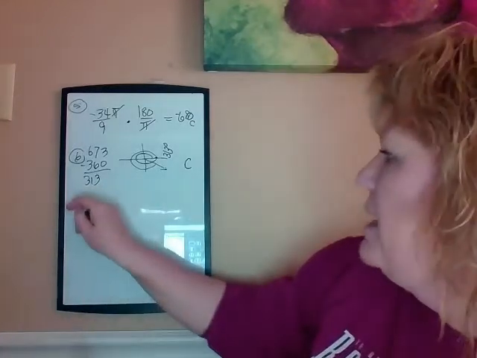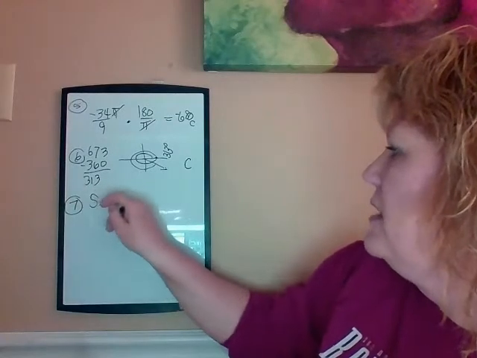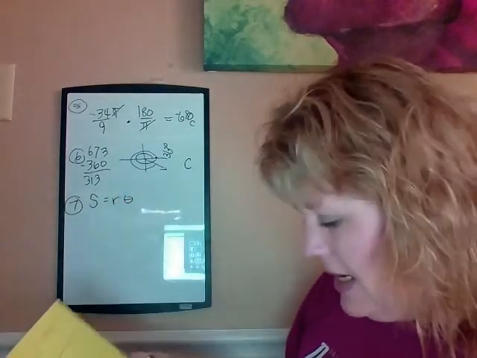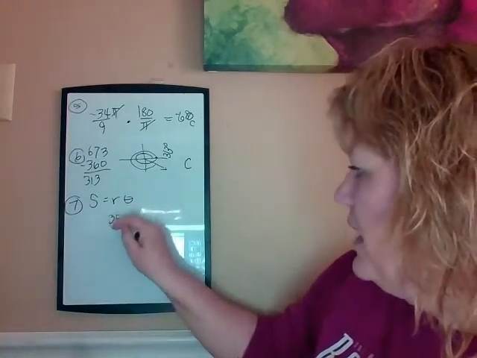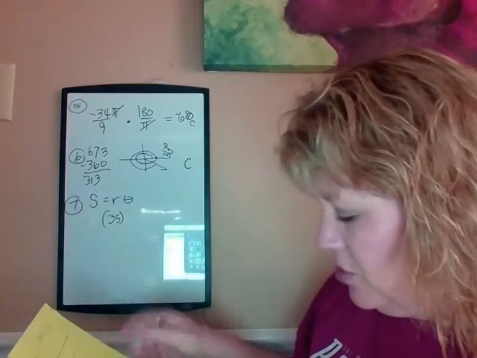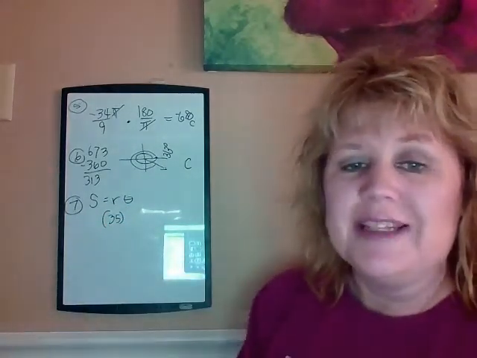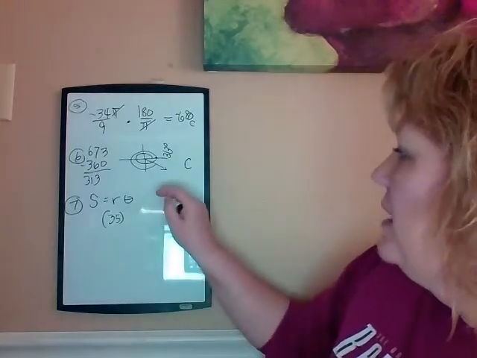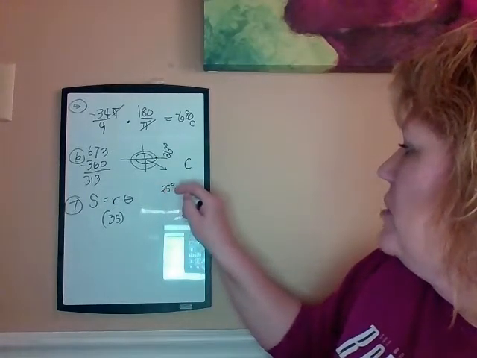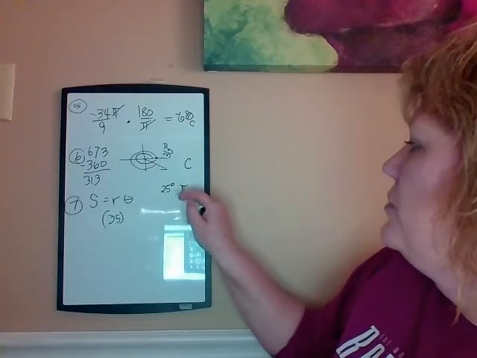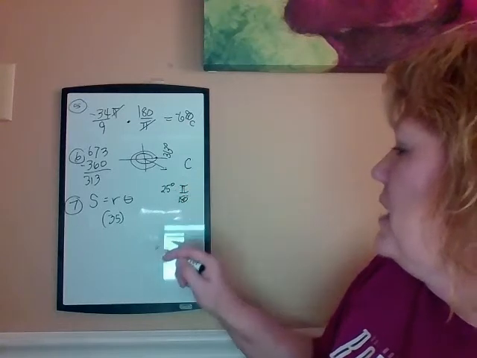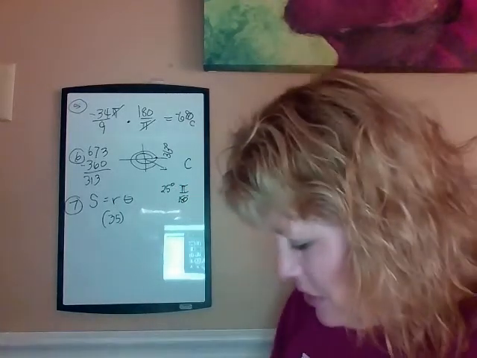Number 7, find the length of the arc on the circle intercepted by the central angle theta. It's the same formula we used earlier, S equals R theta, and they tell you that R is 35, and that theta is 25 degrees, but they want theta to be in radians. So you've got to take 25 degrees and multiply by pi over 180 to convert that to radians.